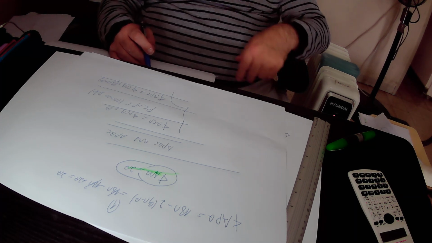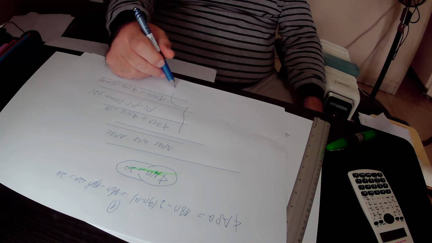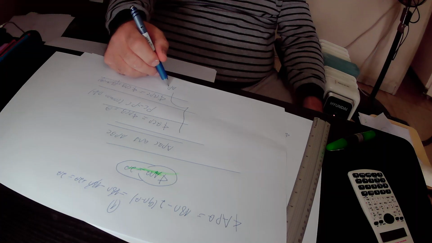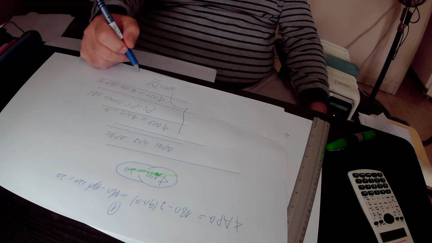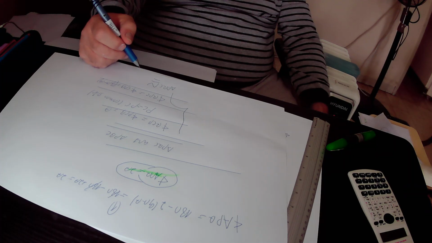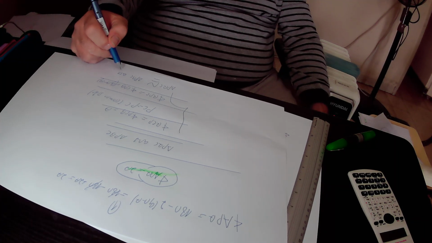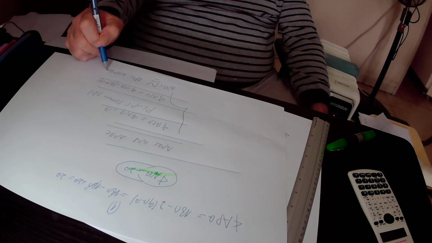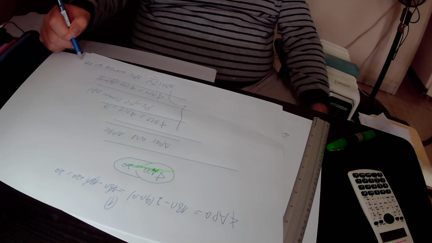And therefore, we found out that the green upper triangle PQC is congruent to the lower right triangle PBC according to the angle-side-angle rule.